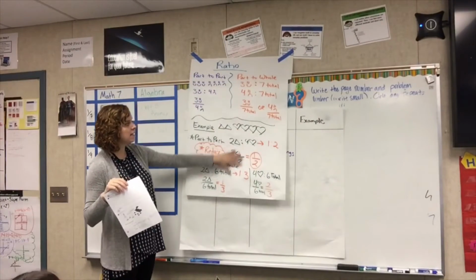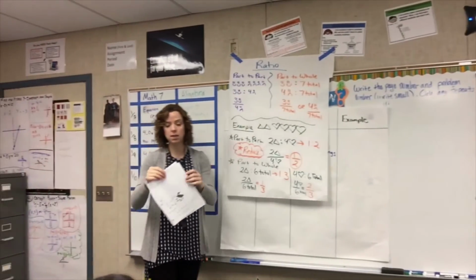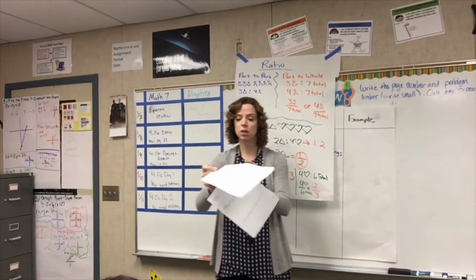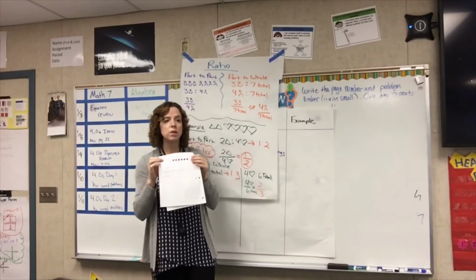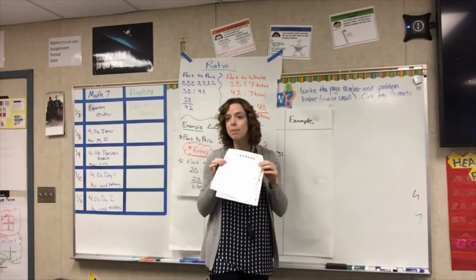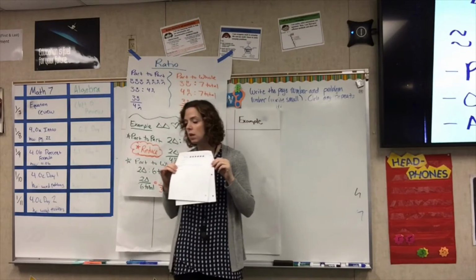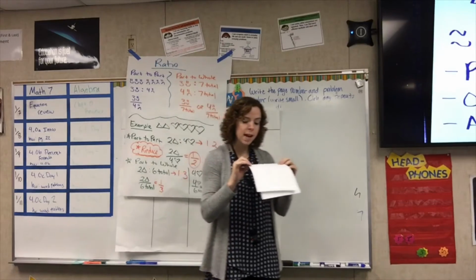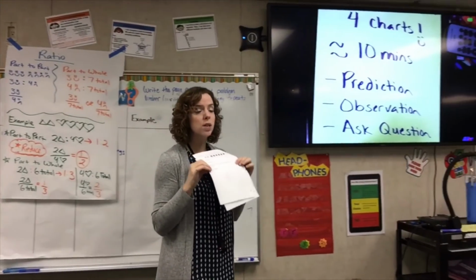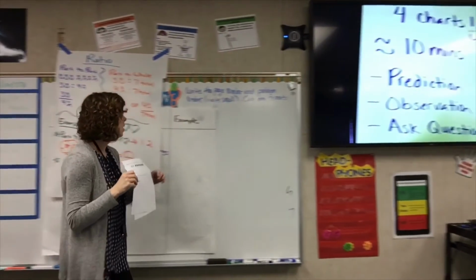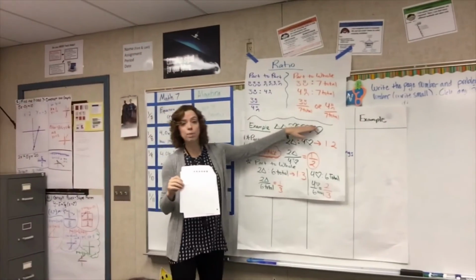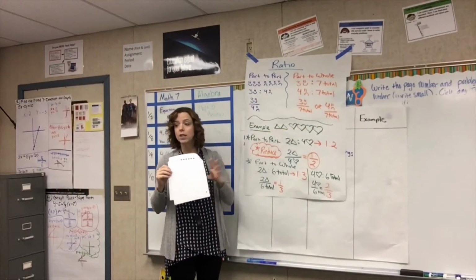Okay, this is what I want you to do now. With your packets, and using this as a reference, once you turn your page, we're not going to do example 1. I want you to go to example 2. So just turn your page. Okay? Example 2 is where you get to create your own ratio.